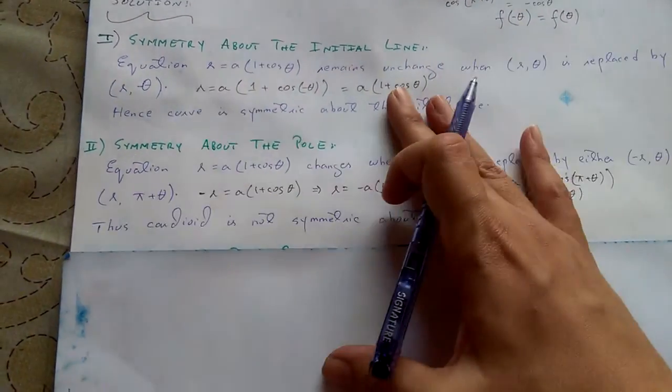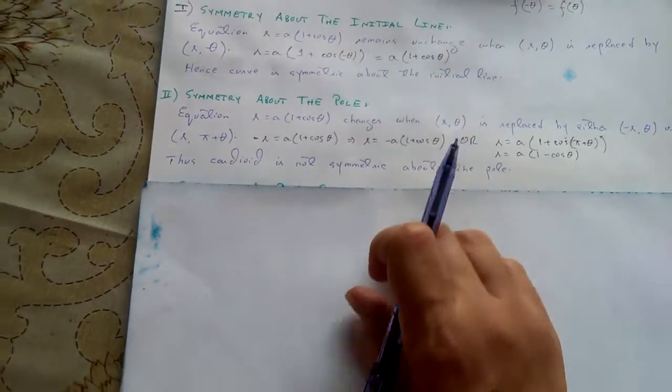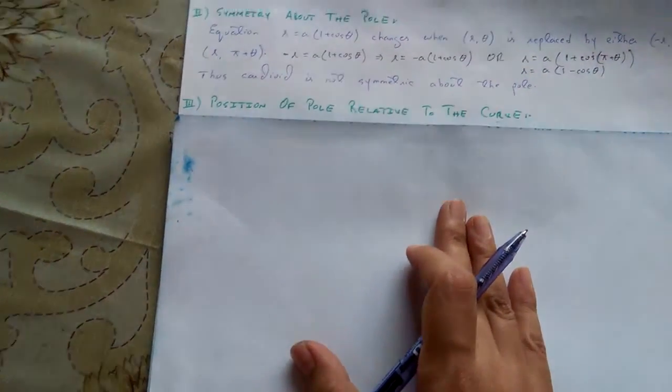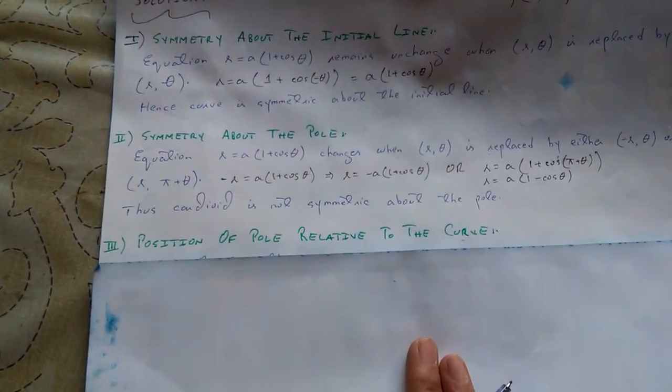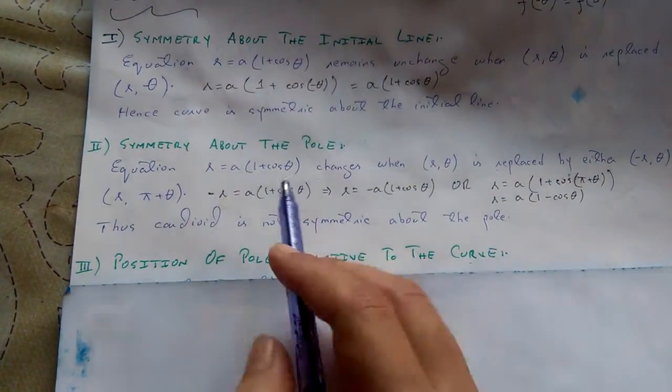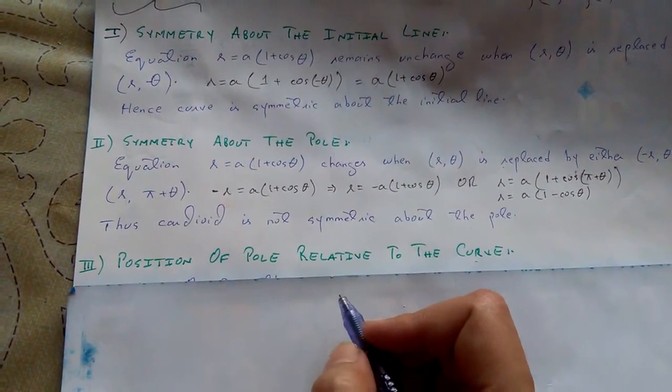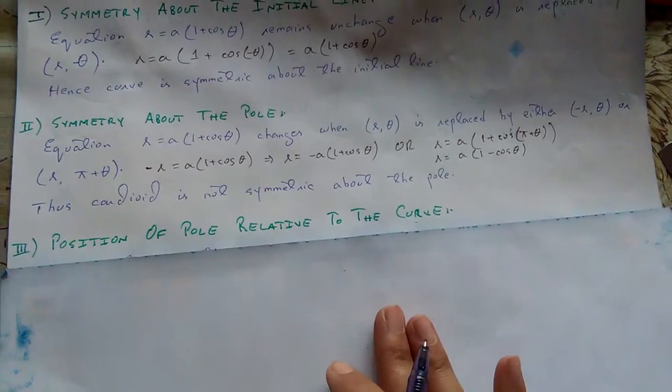It is not symmetrical. Now the third thing that we see is the position of the pole relative to the curve. So how do we determine the position of the pole relative to the curve? We just put theta equals 0 in our given equation, and in that respect we will try to understand the position of the pole with respect to the curve.